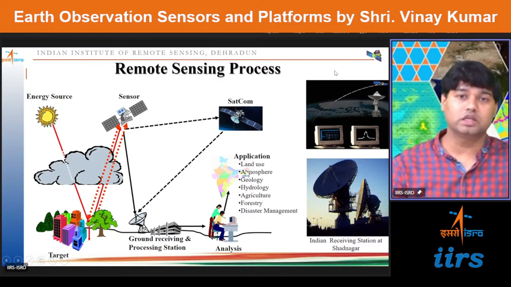Here you can see in this animation how the satellite comes within the range of the antenna and the data is received in the form of an electronic signal.